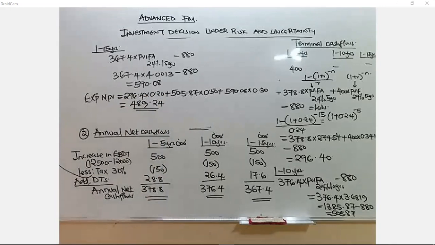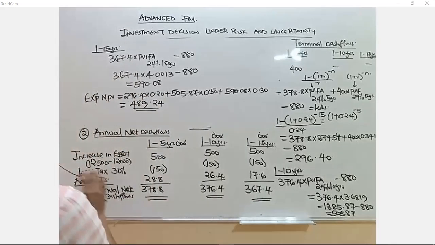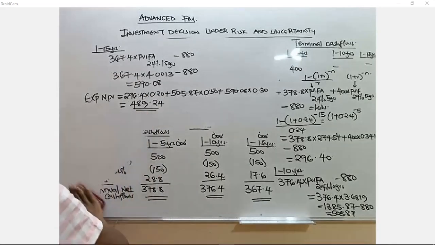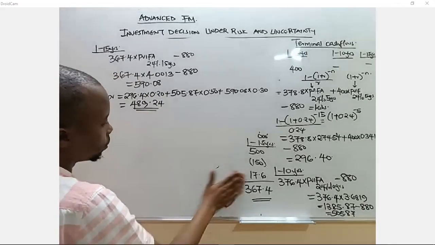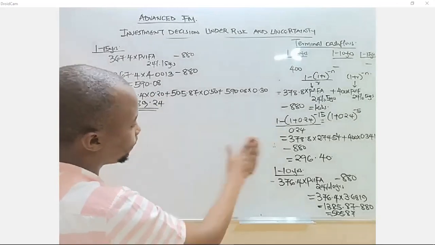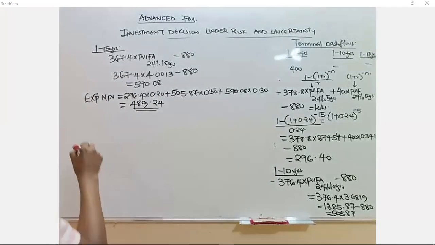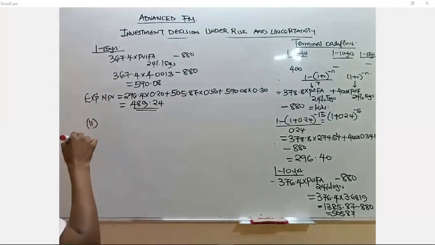Then number 2 is asking to calculate the standard deviation of the expected net present value, right? And this is very simple. Let me show you here. To get part 2, the examiner is asking us to get the standard deviation.